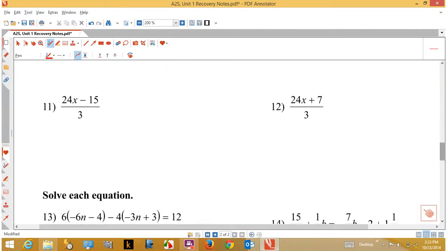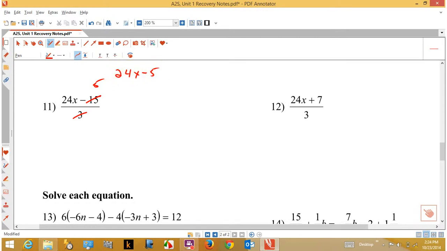Okay, let's do the next one. Now, one way to work this is to factor out. You cannot. This is totally wrong. So I'm going to show you the wrong way first. You may be tempted to say 3 divides into the 15 5 times. And so you're going to say this is going to be 24x minus 5.